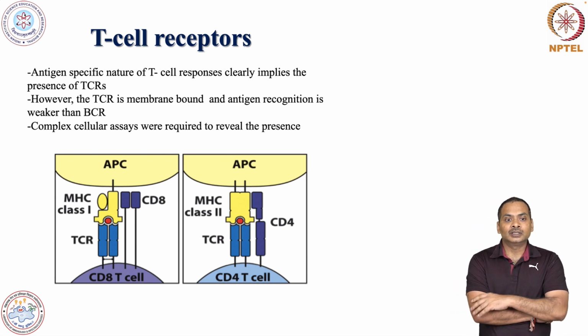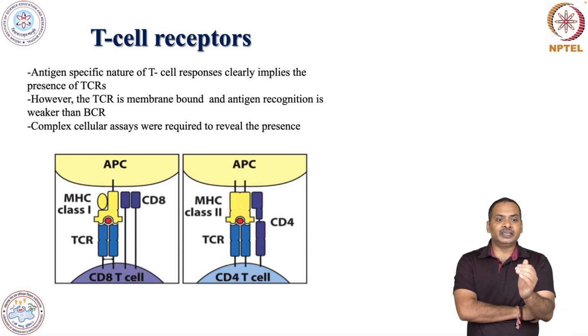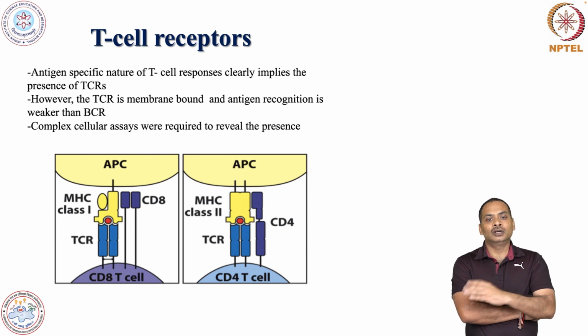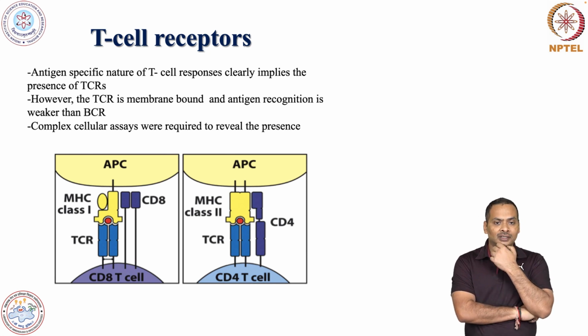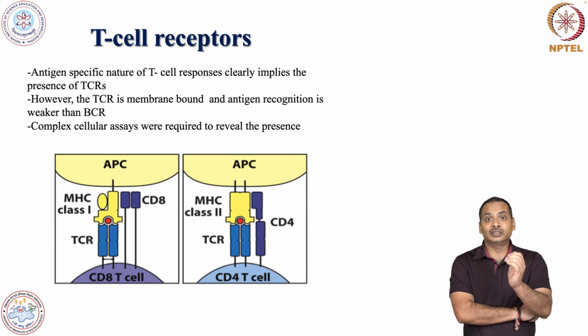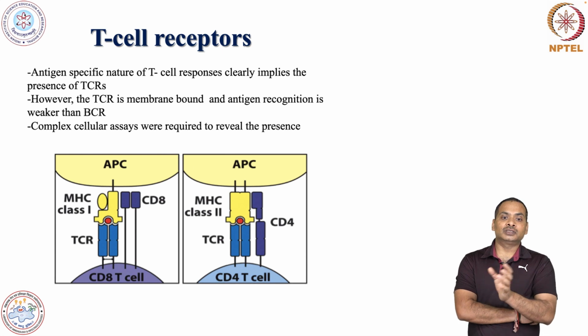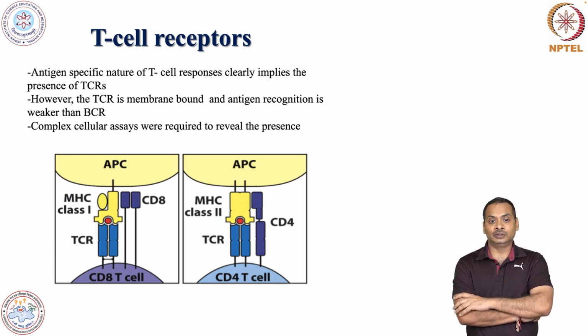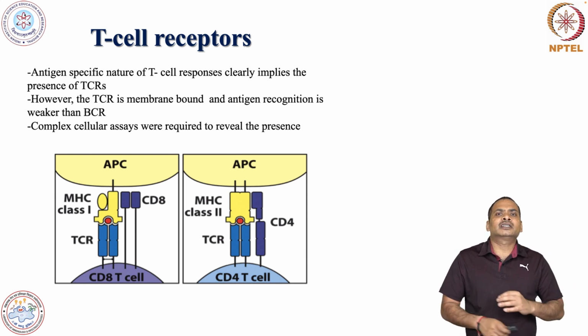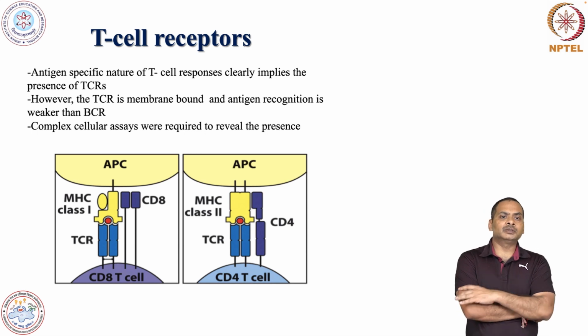So, this CD8 T cell is basically a cytotoxic T cell. On the other image you can see there is an MHC class 2 molecule, there is an antigen, and then there is a TCR along with a CD4 molecule.